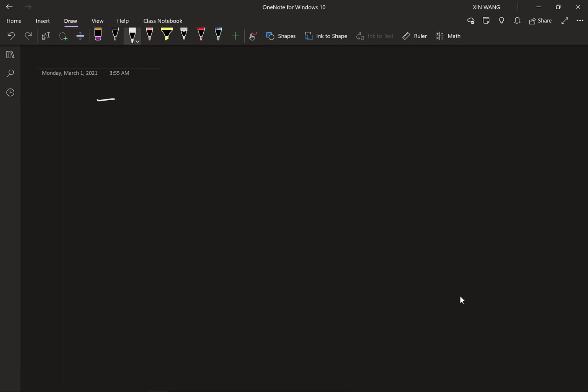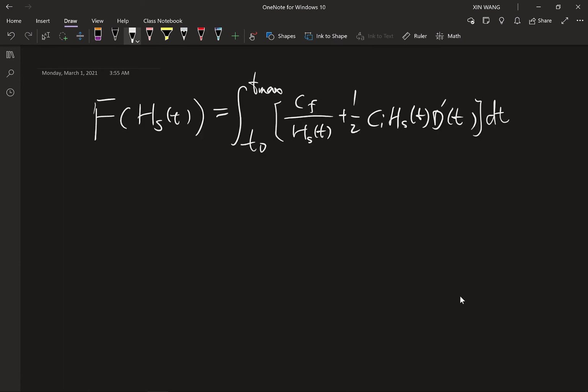So here we have the reformulation. This is our original problem, where we need to find the optimum headway or the schedule, which is relatively difficult. Then we have our CA, which approximates this function.